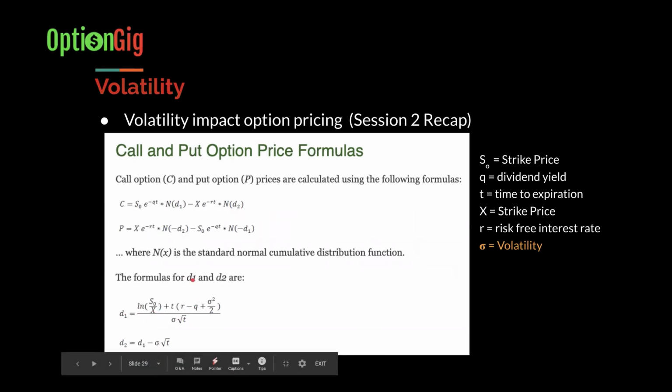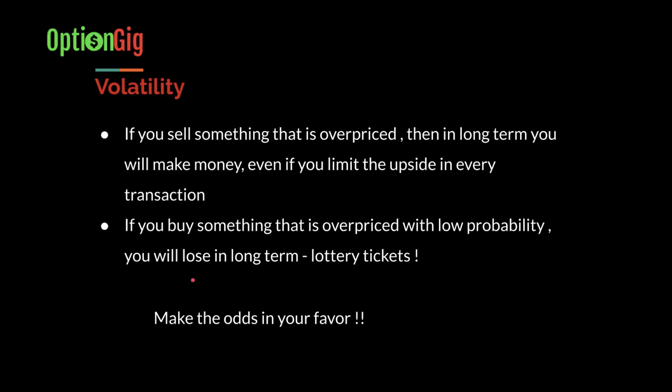So volatility does play a role in option pricing, and hence if it is overstated, the option pricing is overstated. Now, if you sell something that we know is overpriced in the long term, that's where our edge lies.